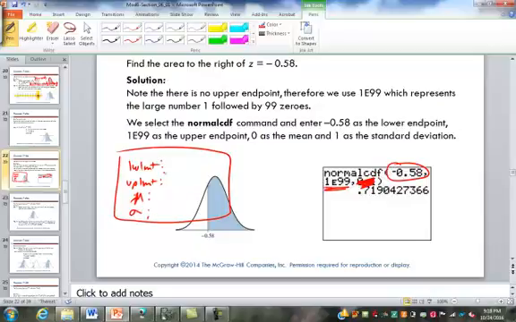In the stat wizard, you may have to put in 0 and 1 here, because if other values have been used, those other values will still be in there for the mean and standard deviation. So you have to put in the 0 and 1 to make sure you cancel those out. And of course, negative 0.58 and the 1 EE99. Or I prefer to just use the 6 nines, 999,999. And that's positive infinity. Just the nines is easier for me because I don't have to remember how to get in the scientific notation.